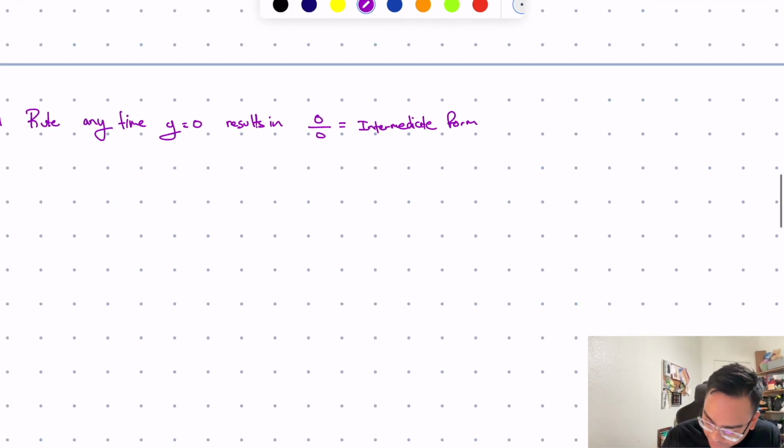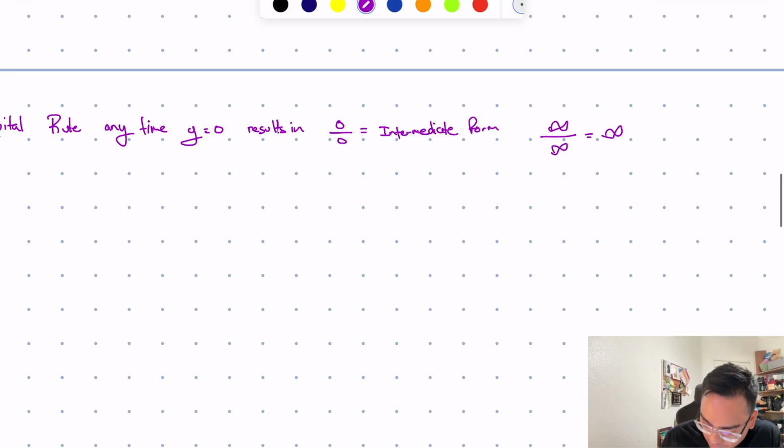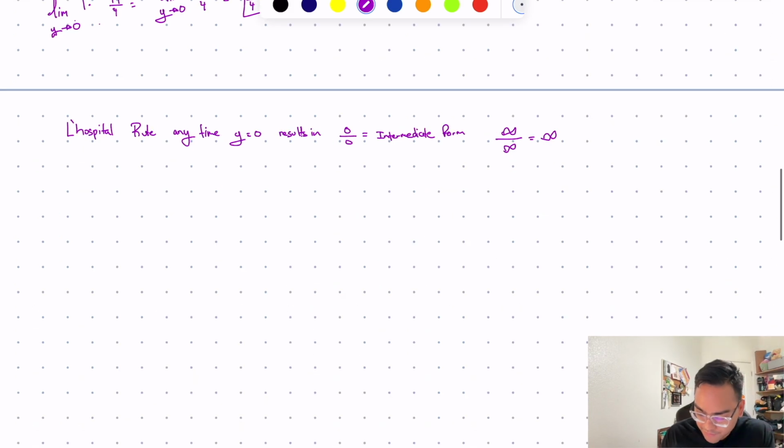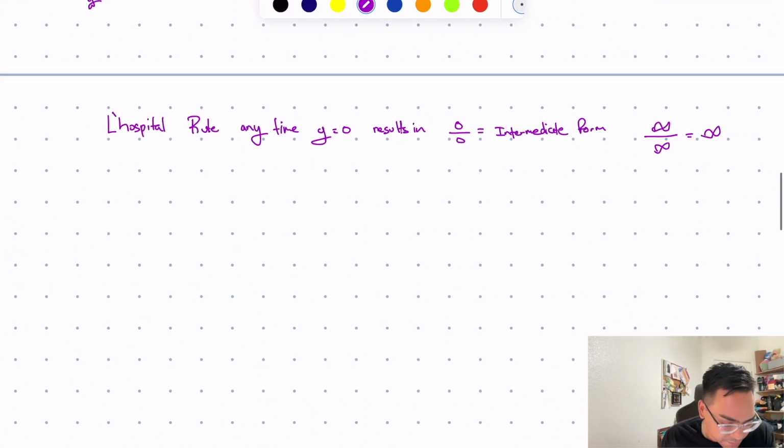The way he kind of figured it out is if you take infinity on top and it's divided by infinity, it's just going to be infinity. And 0 over 0 is kind of a similar concept.